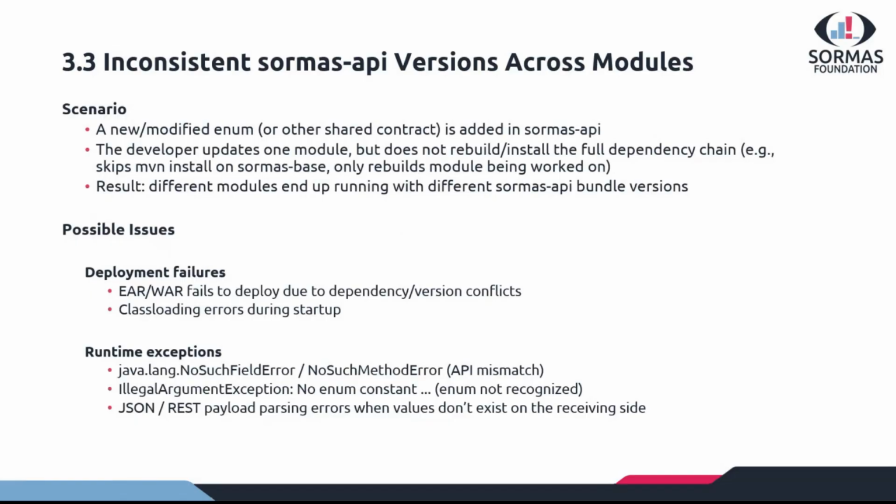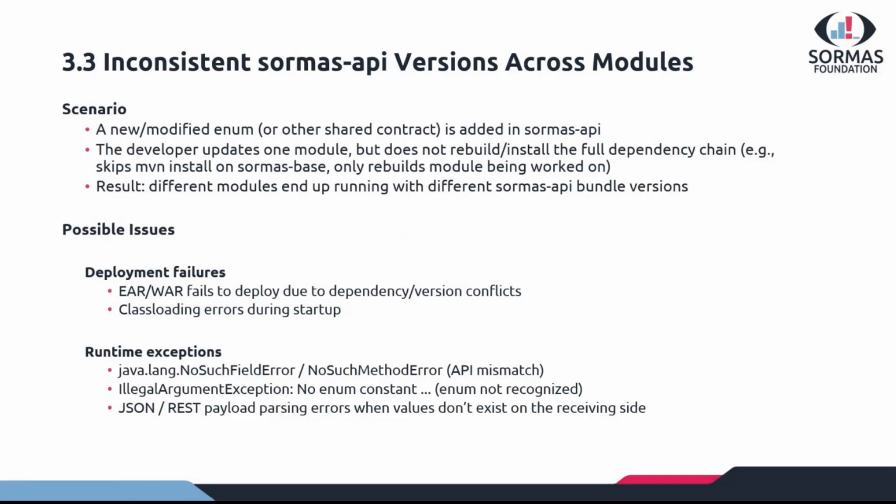Let me give an instance. Let's say a drop-down in the UI module is backed by an enum that is in the SORMAS API module, and there's a requirement to add a new value in that enum. So you go to the SORMAS API module, add a new value to the enum, update the enum properties file in the same module, and package the API module.